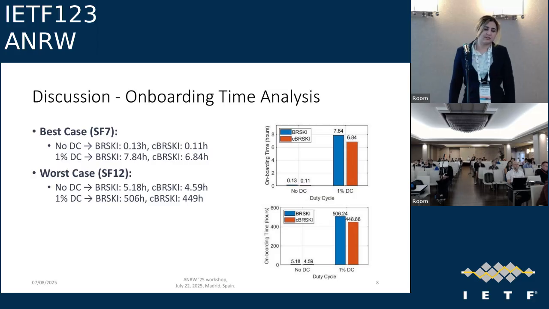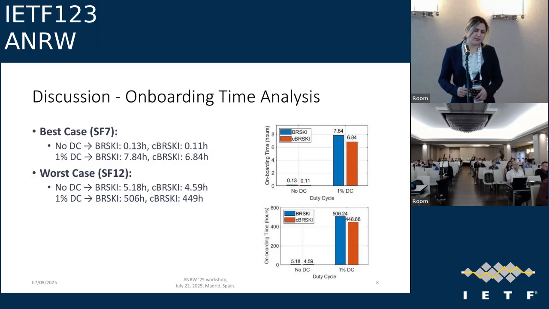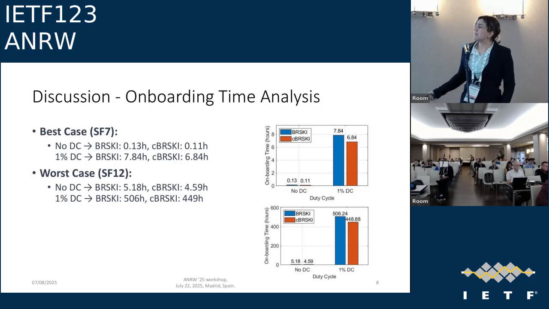We also ran experiments on different LoRaWAN settings, like using different spreading factors, and here I'm just showing the best and worst cases. The best case is spreading factor 7, which has the most available bandwidth.